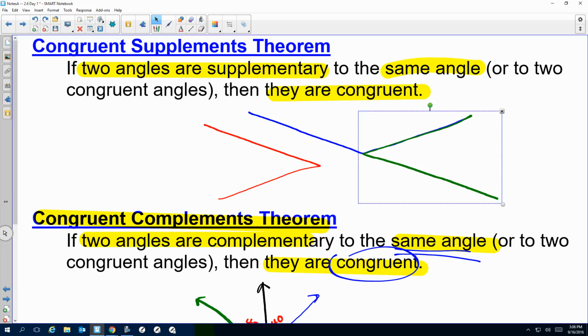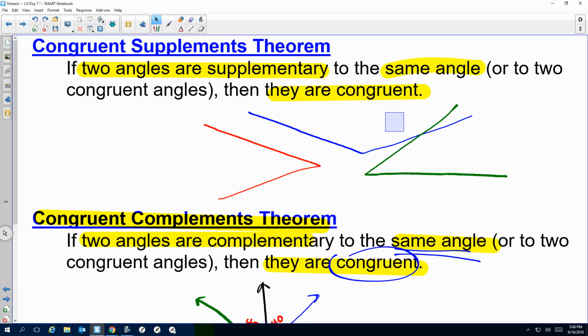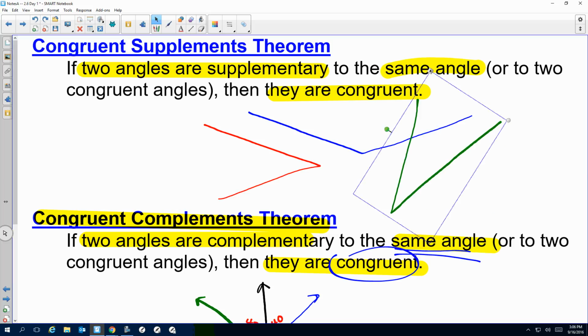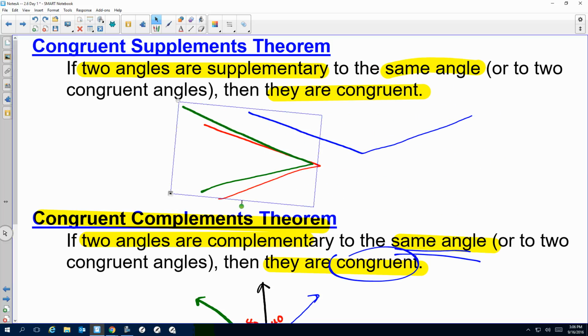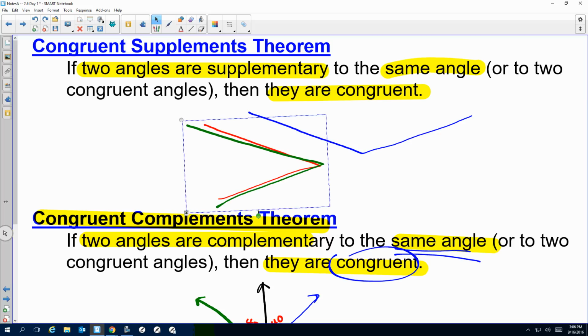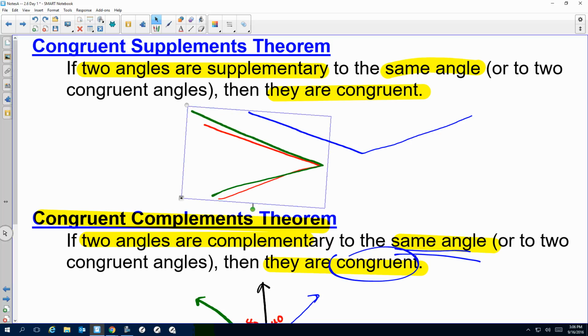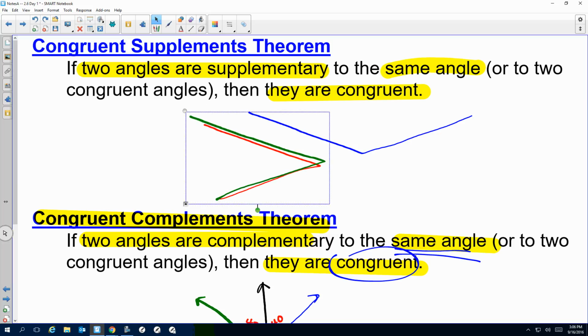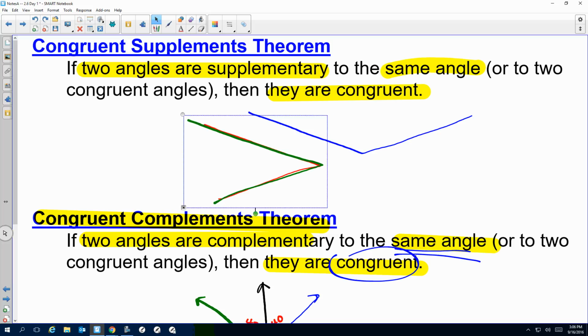Then what can I say about the red and the green? They are congruent. If I rotate this again, I can see they kind of overlap. I'm not getting it perfect, but they are the same angle, okay? So whenever two angles are supplementary to the same angle, they are congruent.